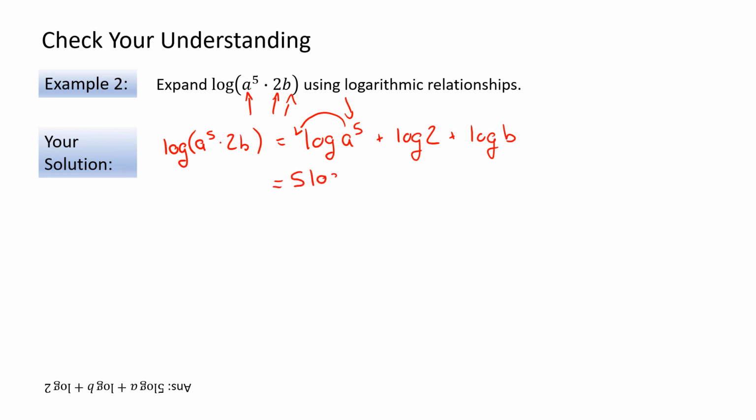So that becomes 5 times the log of just a, plus the log of 2 plus the log of b. Again, these are just expanding them out. In our next lesson, we're going to look at how to actually use that to solve for each of these.